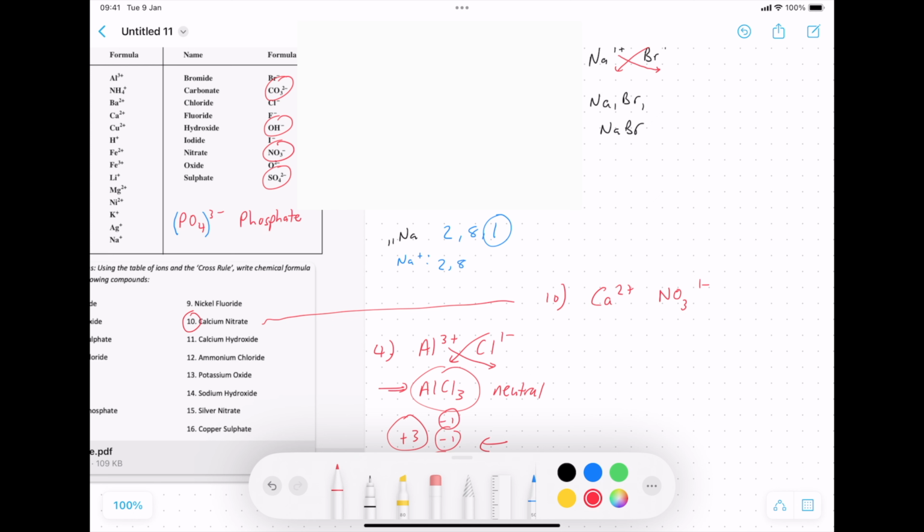And don't forget to put the brackets in. And then we go ahead and we cross the numbers. And therefore we finish with Ca1, but we can leave the 1 out because it's just Ca. Just like in maths, you don't say 1x, you just say x. So we have Ca and then bracket NO3 close bracket. So calcium nitrate is Ca(NO3)2.